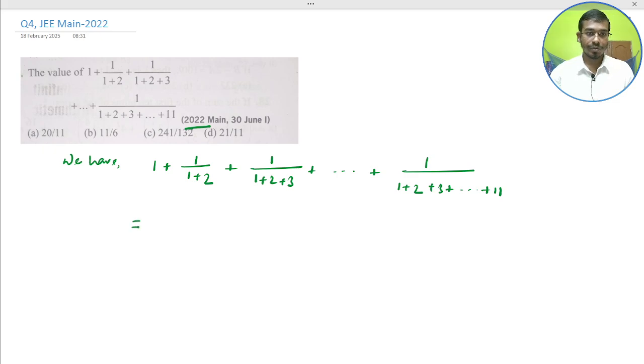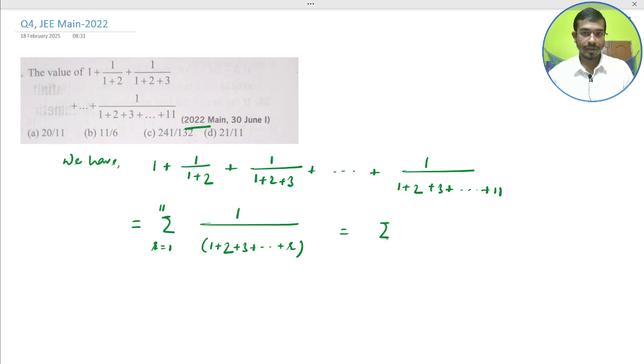Okay, so this would become the sum over R from 1 to 11 of 1 by (1 plus 2 plus 3 plus dot dot dot plus R). So this would become the summation of 1 by R into (R plus 1) by 2. This is the summation formula.